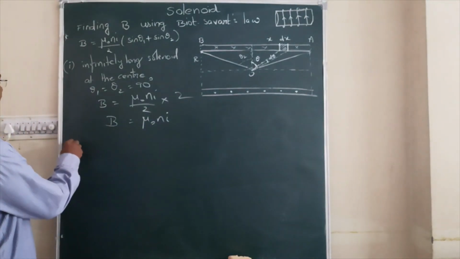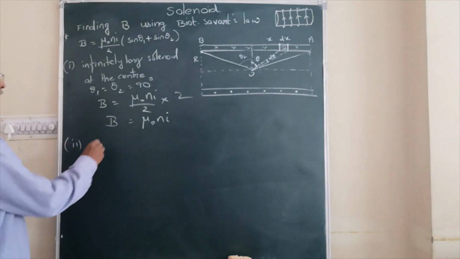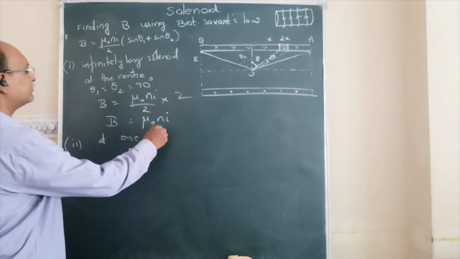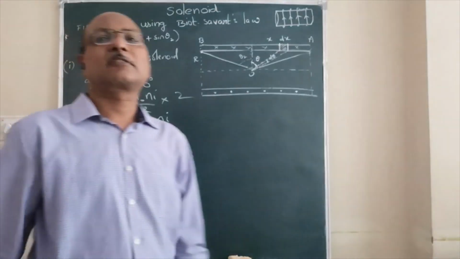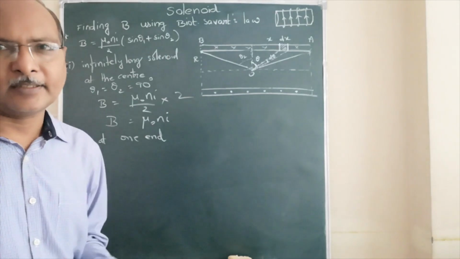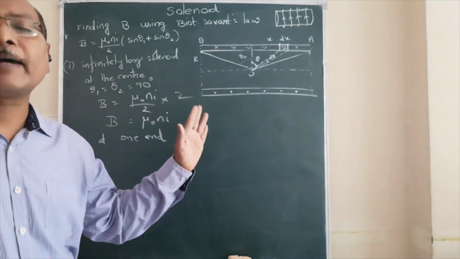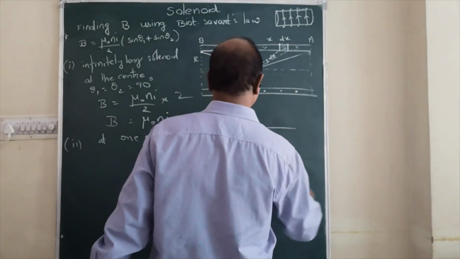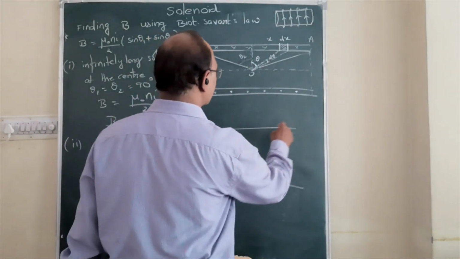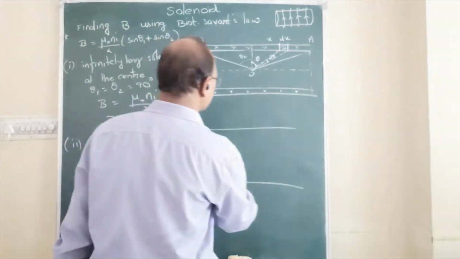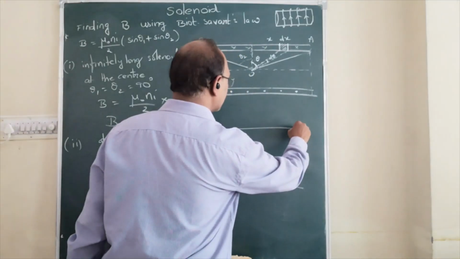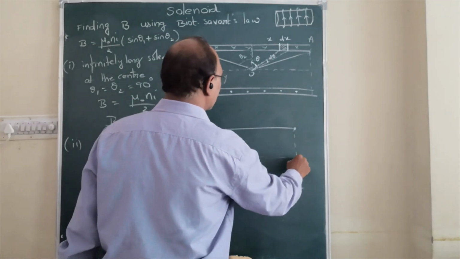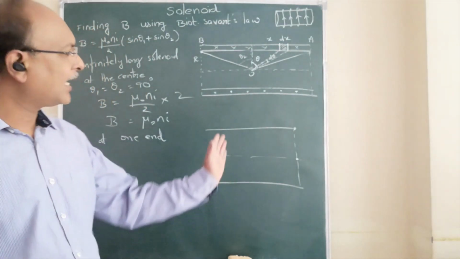Similarly, at one end. Here also it is a long solenoid, but we are finding the magnetic field at one end. That means we want to find the magnetic field at this end.